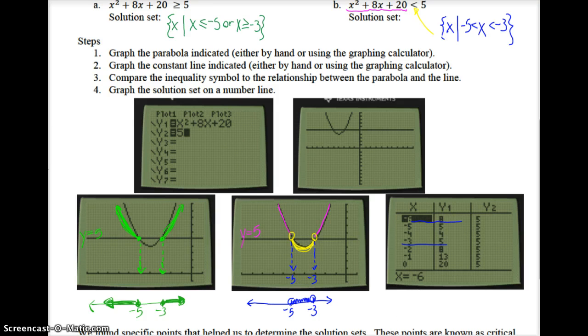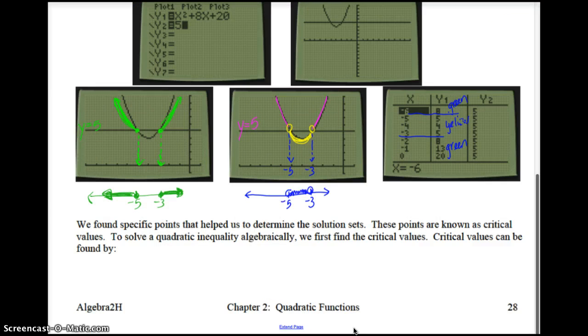So the numbers in between -5 and -3 are going to be the ones in yellow, and these are going to be the ones in green. So we used a table, as you can see, where I marked it as yellow or green, and we also used the graph. Either way you can do it, but this is a graphical way of solving a quadratic inequality in one variable.